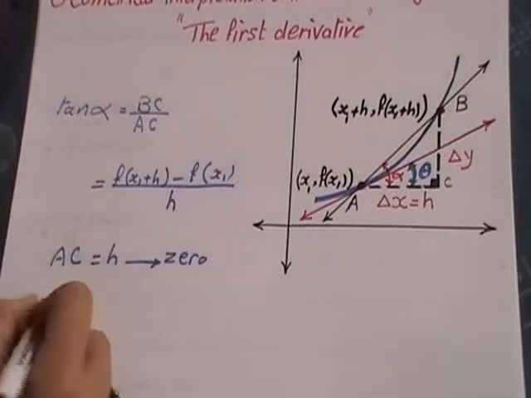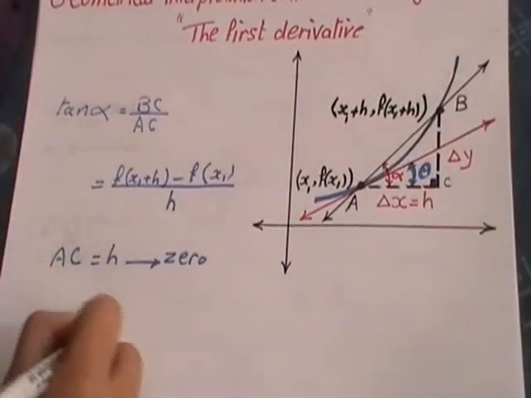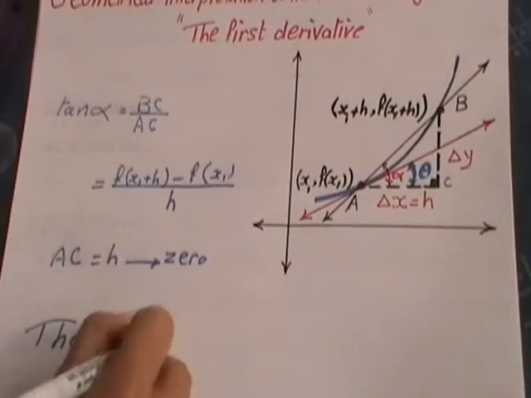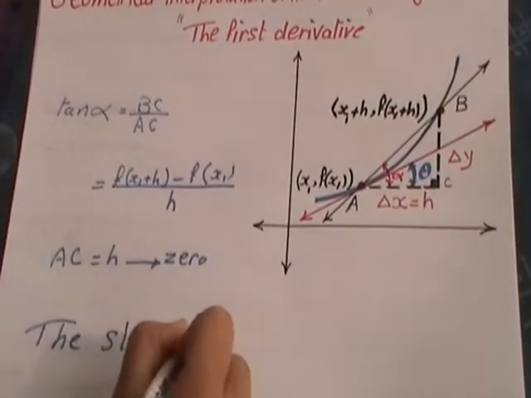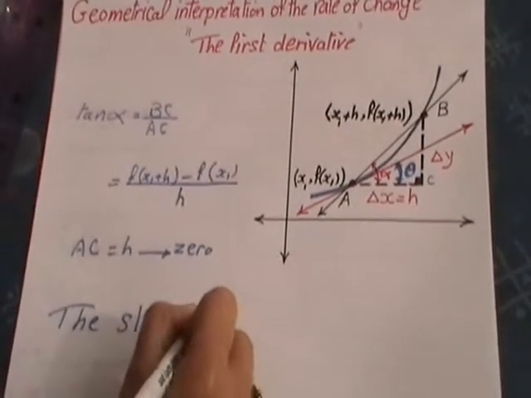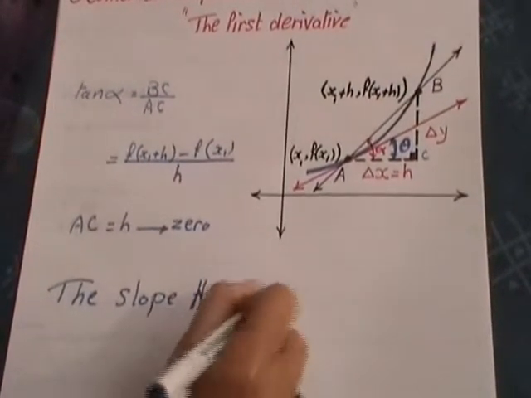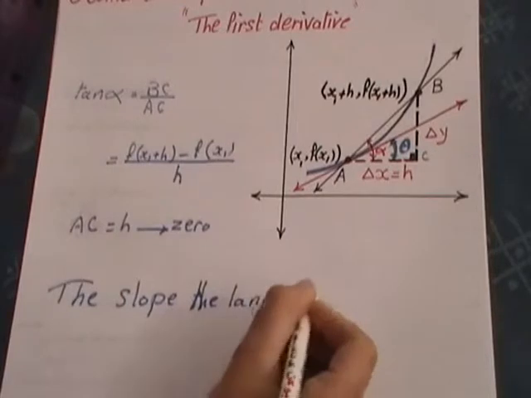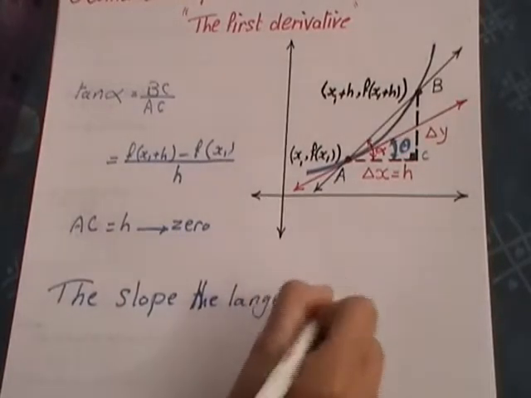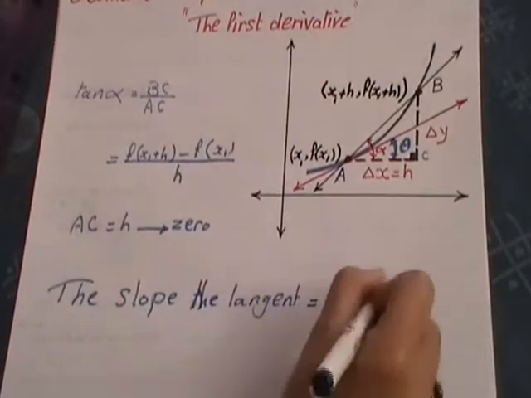Then the slope of the tangent equals tan theta.